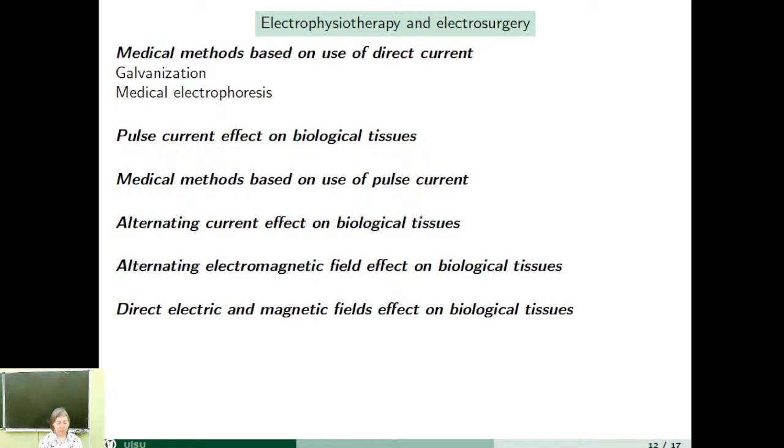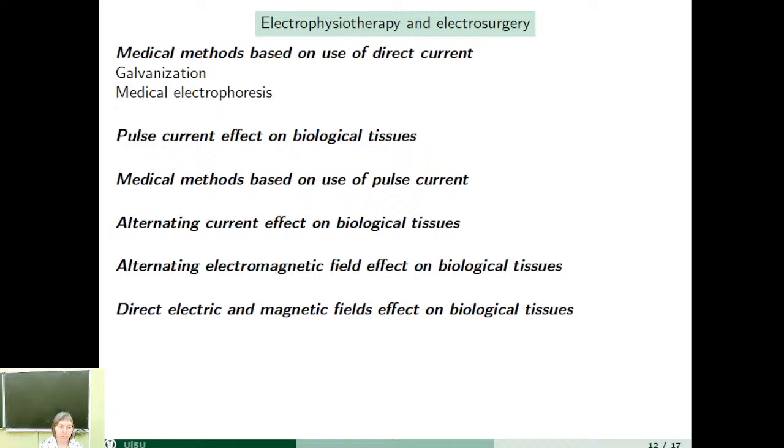And let's talk about a medical method based on use of direct current. It is galvanization.